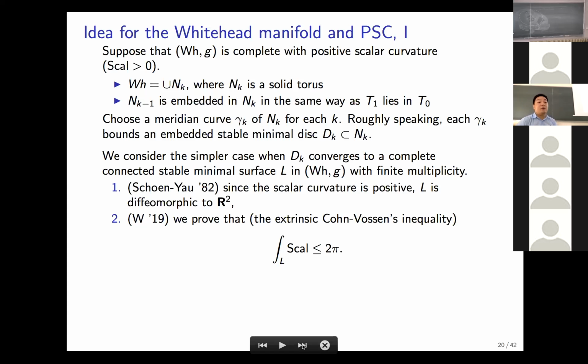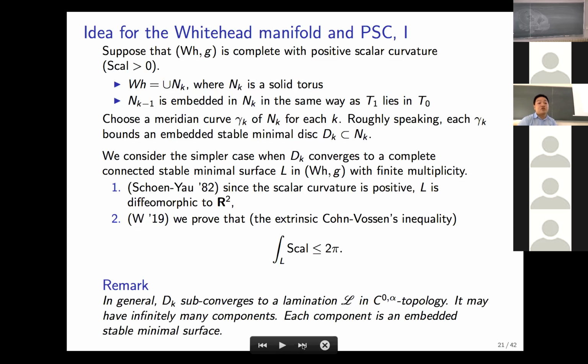Furthermore, we show that the integral of the scalar curvature of the Wang manifold along L is bounded by 2 pi. This inequality is the so-called extrinsic convexity inequality. For the proof of this inequality, we need the positive scalar curvature condition.